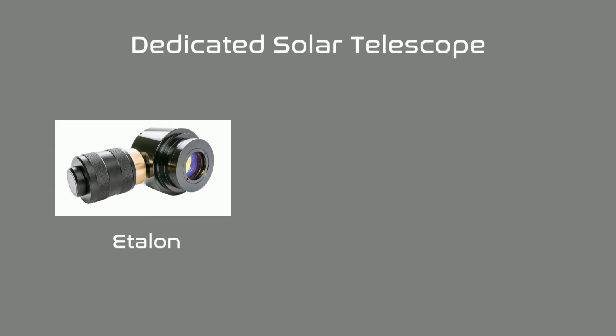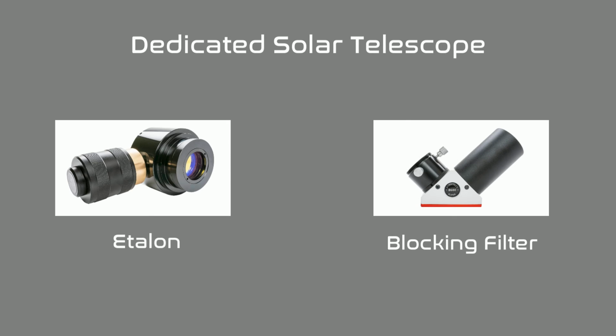There's a small gap between the surfaces that allows only the H-alpha light to pass through, and the bandpass is quite narrow, measured in angstroms. The second is a blocking filter, which is a combination of several cutoff filters that provide additional safety for the user, only allowing the H-alpha emission to pass through.